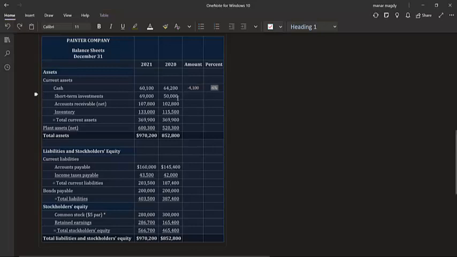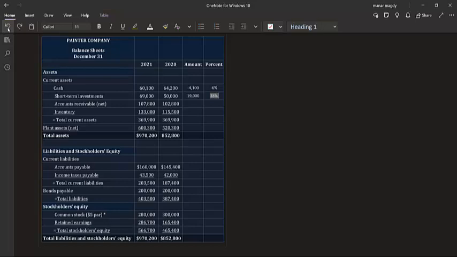The same thing we're going to apply to the short-term investment. Here it is 50,000, and then in year 2021 it increased to 96,000, so it increased by 19,000, and this 19,000 represents how much of an increase from the 50,000? It represents a 38% increase from the 50,000.